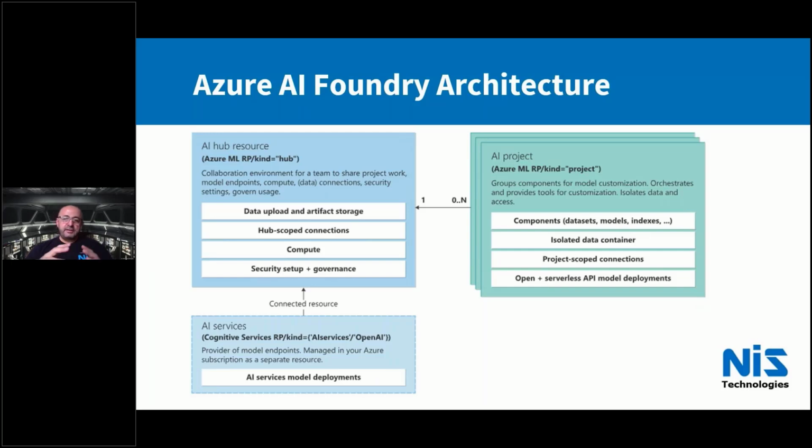And essentially, these are isolated data containers that are contained within the hub. So each project is an isolated container, and it's project scoped connections as well. Likewise, I can also connect to the hub by utilizing AI services, by utilizing the model deployments.